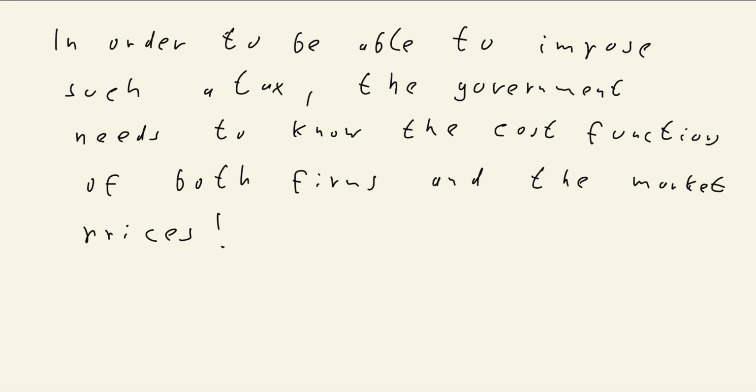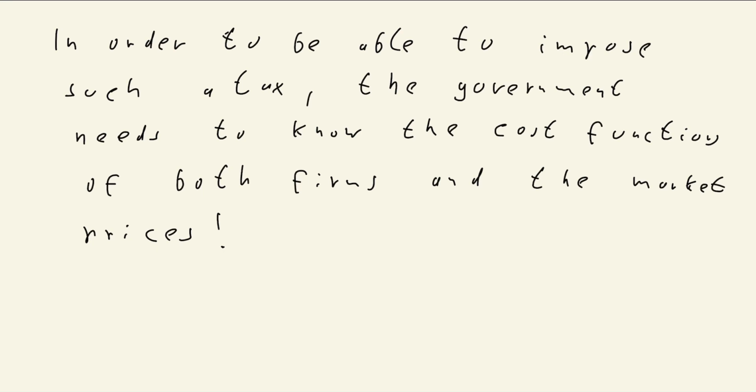So even if this kind of Pigouvian tax seems very appealing to solve the negative externality problem that we have in this model, there needs to be a very crucial assumption with respect to the information set of the government.